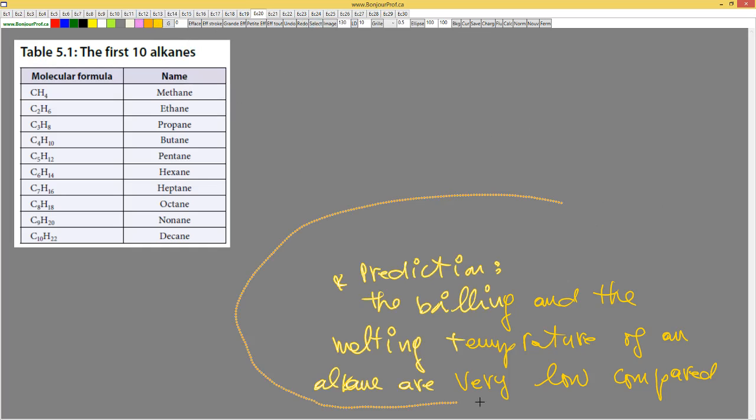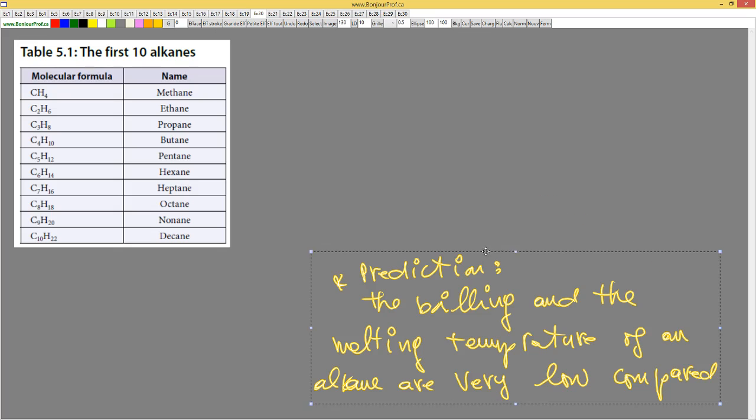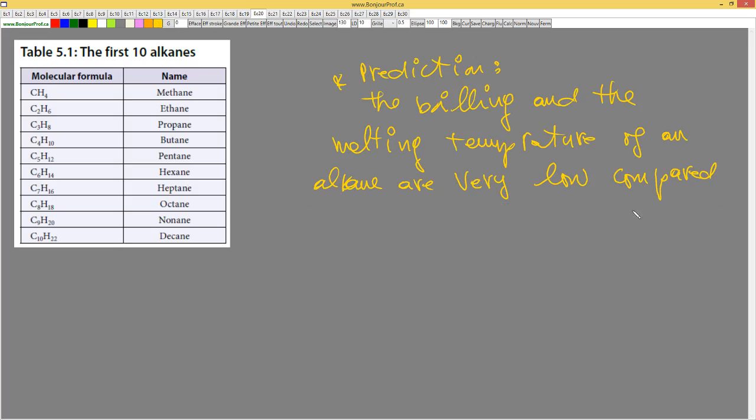This is the prediction, and we know that it is because we saw it in Unit 1.